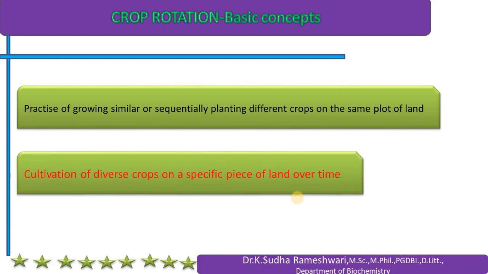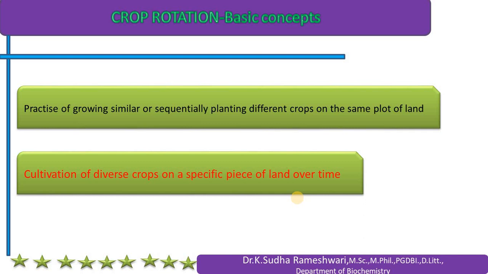Crop rotation refers to the cultivation of diverse crops on a specific piece of land over time. The progression of crops to be grown is carefully designed to guarantee soil nutrients are sustained, pest populations are controlled, weeds are smothered, and soil health is built.